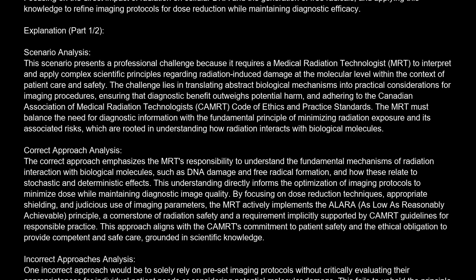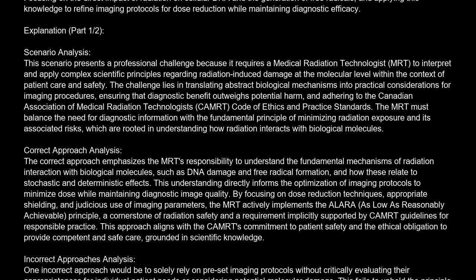The challenge lies in translating abstract biological mechanisms into practical considerations for imaging procedures, ensuring that diagnostic benefit outweighs potential harm, and adhering to the Canadian Association of Medical Radiation Technologists, CAMRT, Code of Ethics and Practice Standards. The MRT must balance the need for diagnostic information with the fundamental principle of minimizing radiation exposure and its associated risks, which are rooted in understanding how radiation interacts with biological molecules.